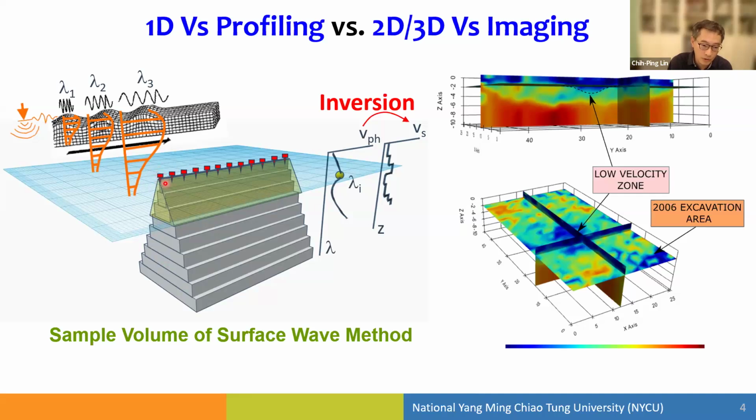is also proportional to wavelength. So this is the kind of sample volume of surface wave. Although it's still a 1D method, this kind of assumption is quite reasonable in many geotechnical applications.